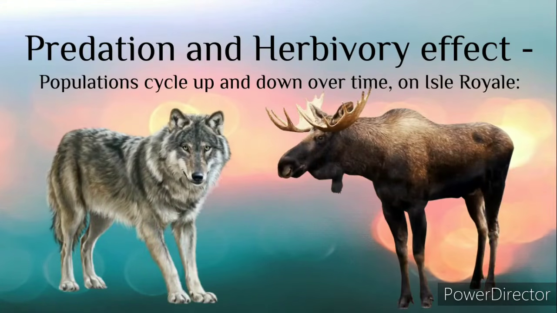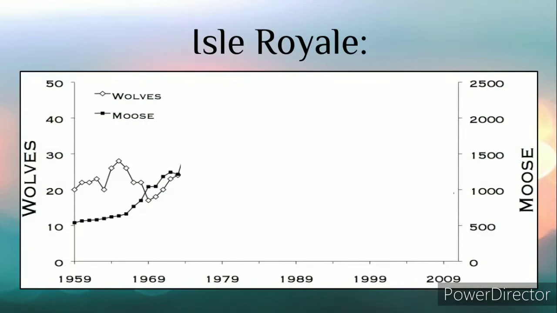There's an island called Isle Royale, which has a predator population of wolves and a prey population of moose. And we can see this chart here that has the populations going up and down. The white dots are going to be wolves and the black dots are going to be moose. As the moose population grows large enough to be easy prey, the wolves have plenty to eat.